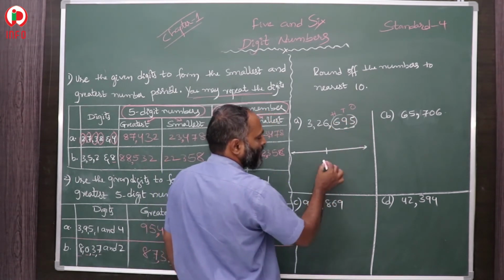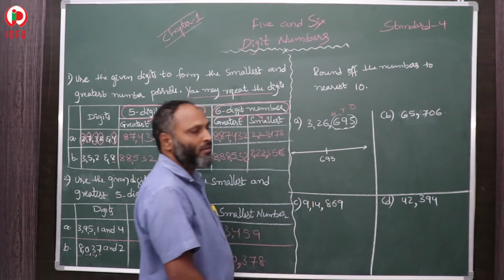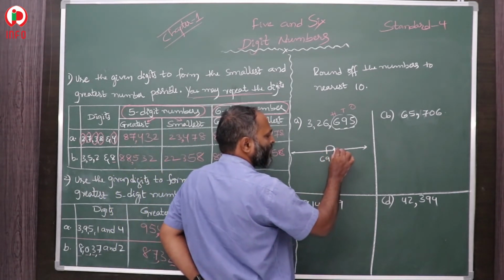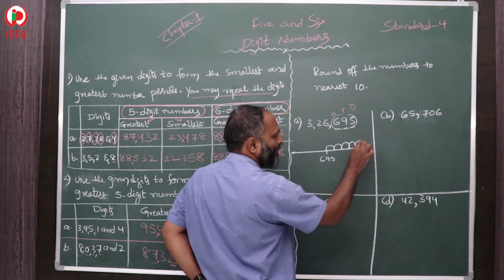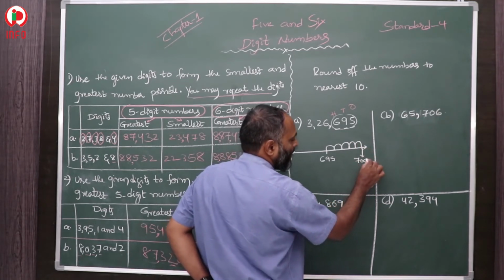Here 695, 696, 697, 698, 699, 700. Here we will get 700.